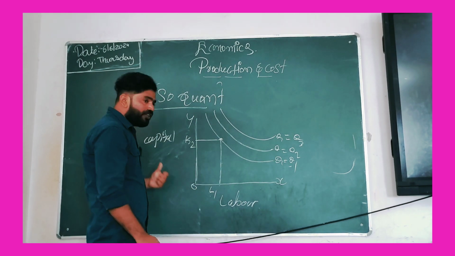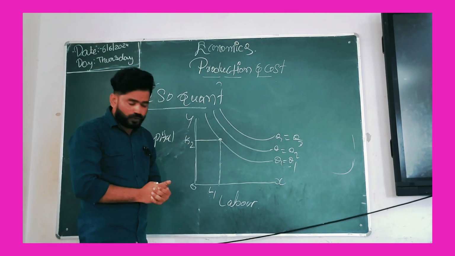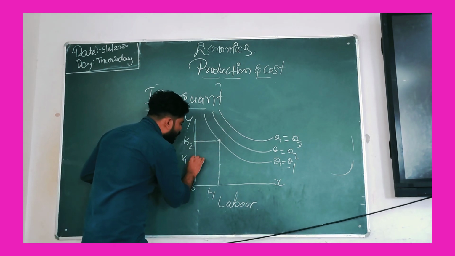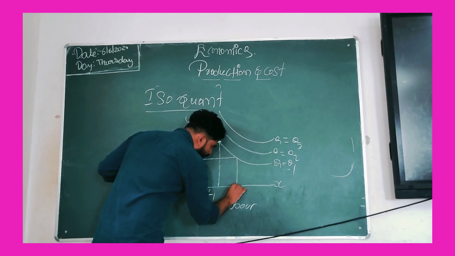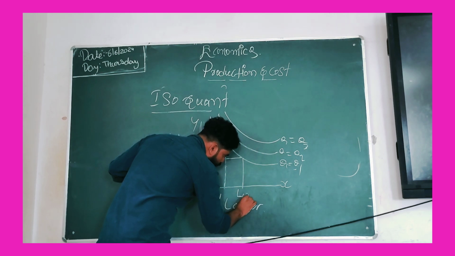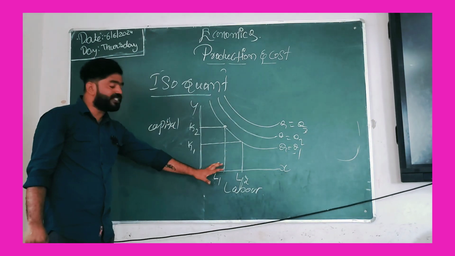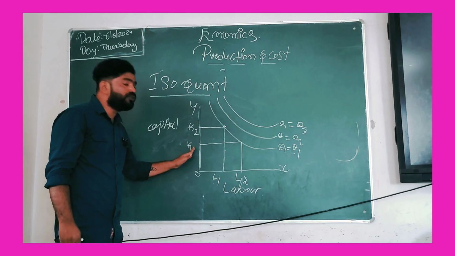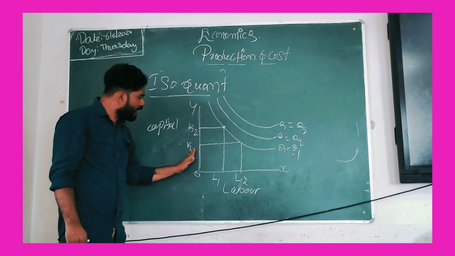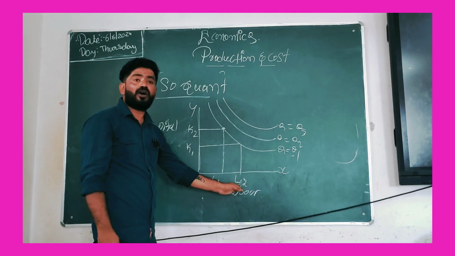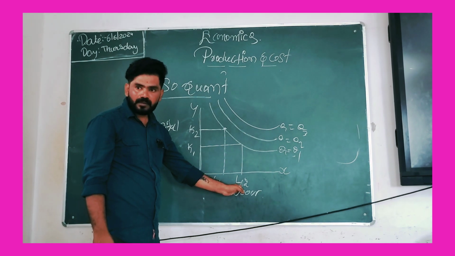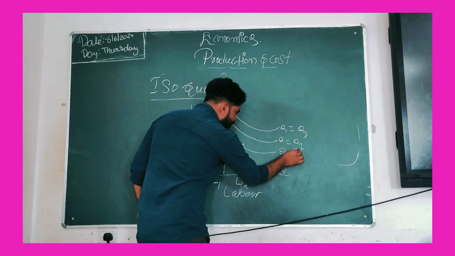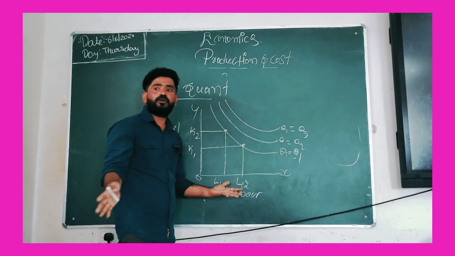Next, if a firm uses K1 units of capital and L2 units of labor, it yields Q1 level of output.